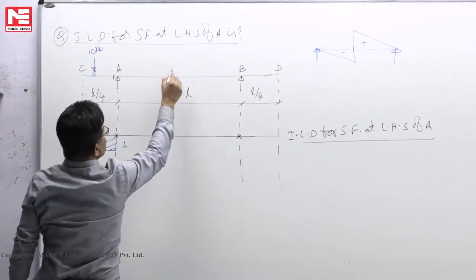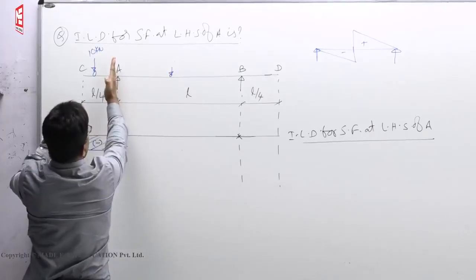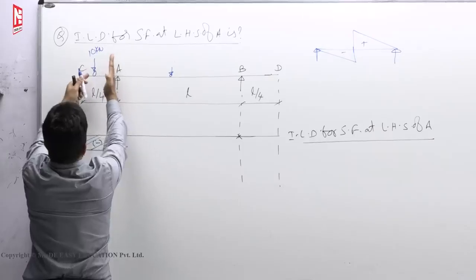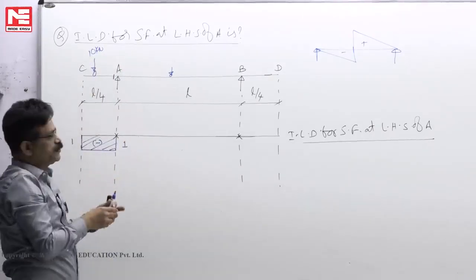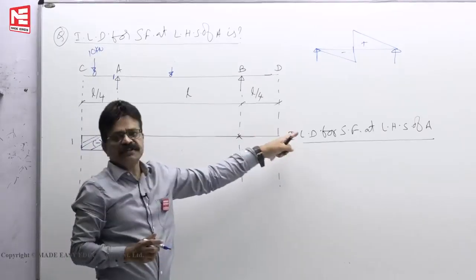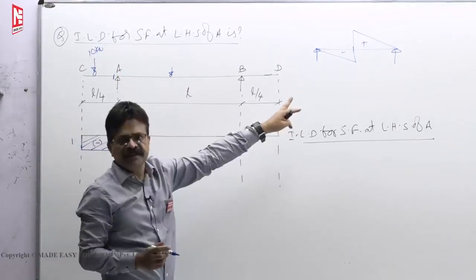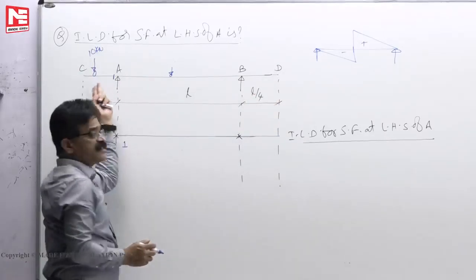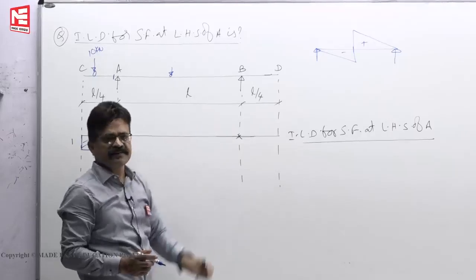Supposing that load is here, say 10 kilonewton. At LHS of A, if I want shear force, the load is not there. Stand here, look left, no load, no shear force. So see here, no shear force. Wherever the load is between A to B to D, shear force at LHS of A is 0. That is represented directly here like this.